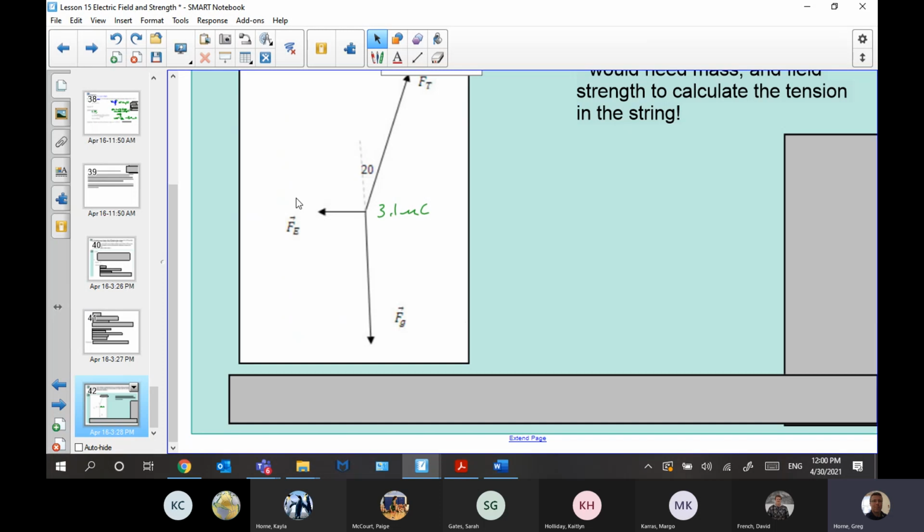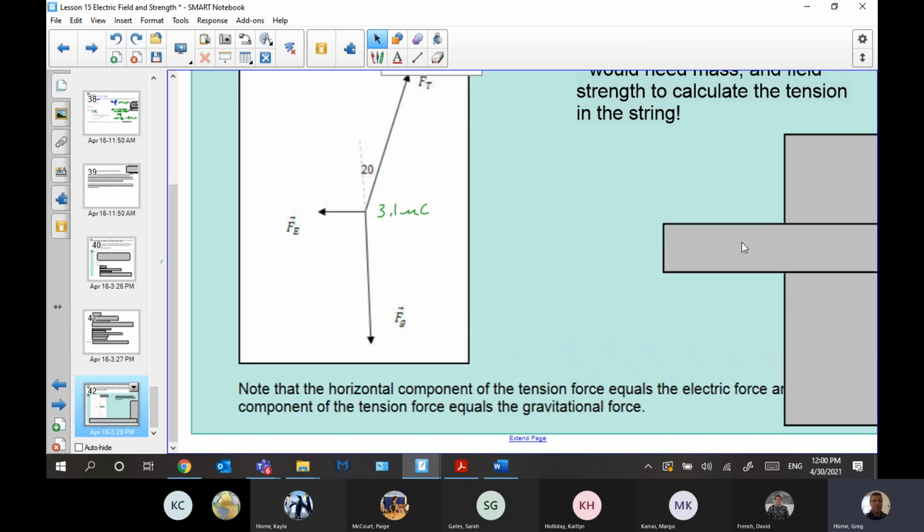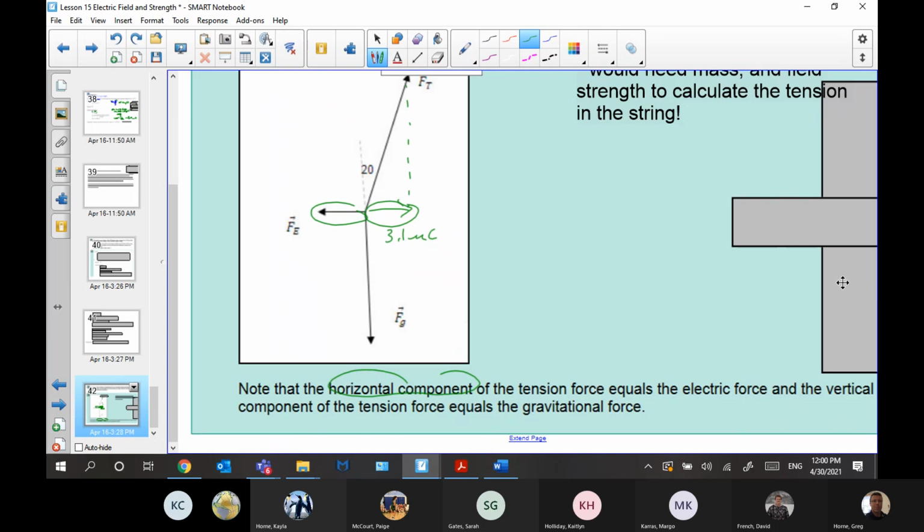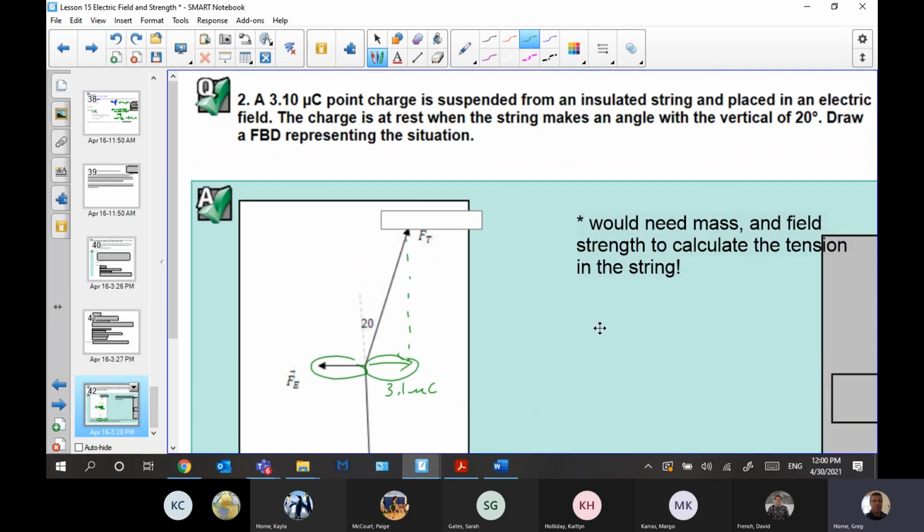So you would have just been asked to draw that and the idea here that the horizontal, they say it here, horizontal component of the tension force. So picture the horizontal component of this tension force, how it would be equal to this, which is very much like we tackled in recent questions. So I think that's a good little one just to sort of talk about.